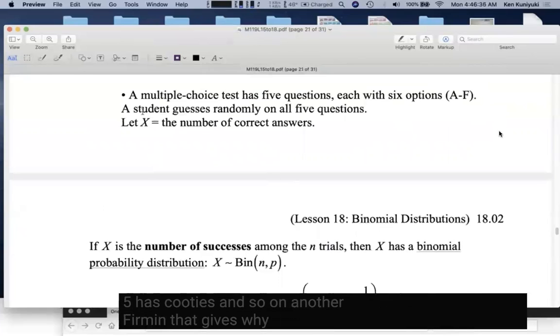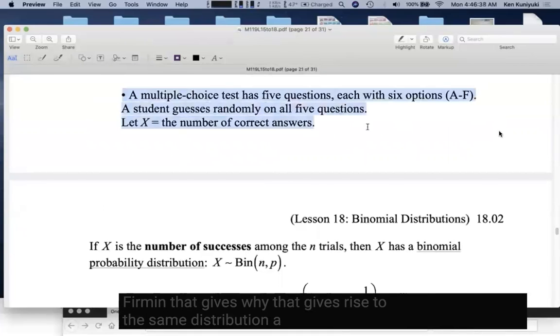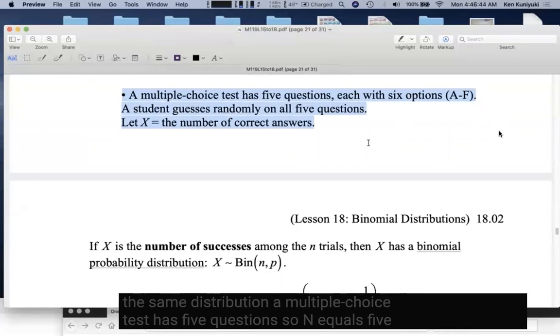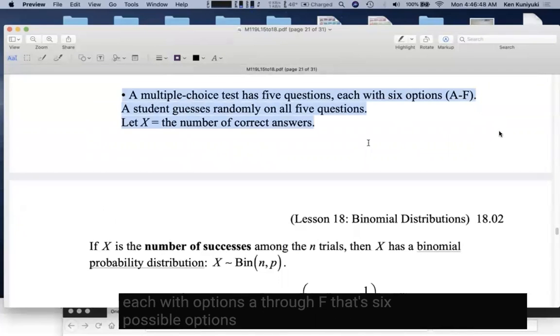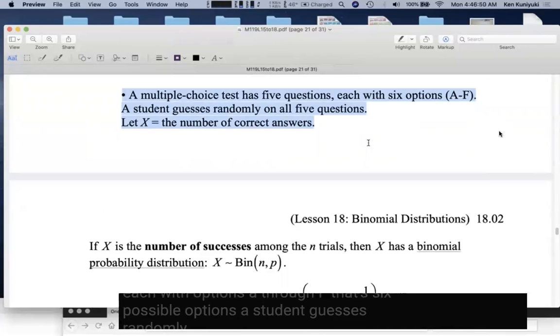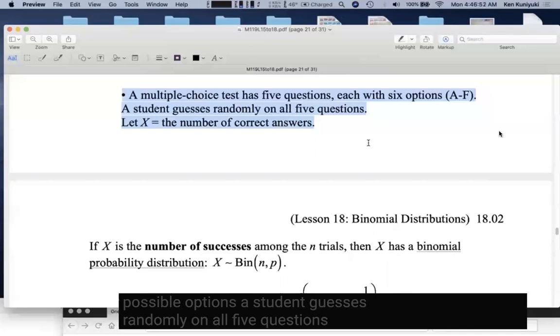Another experiment that gives rise to the same distribution: a multiple choice test has 5 questions, so N equals 5, each with options A through F. That's 6 possible options. A student guesses randomly on all 5 questions. So the success probability per question is 1/6.